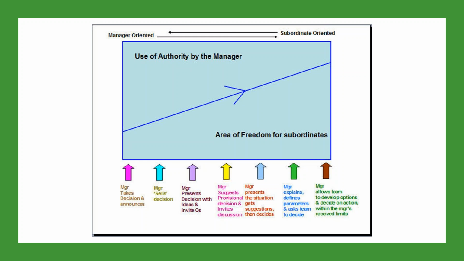And I guess this work is built very much on Lewin's model. So if we start at the bottom over on the left-hand side, you can see that the very first position that you might take is that the manager makes the decision and announces it to the team. So obviously that's an autocratic style according to Lewin.